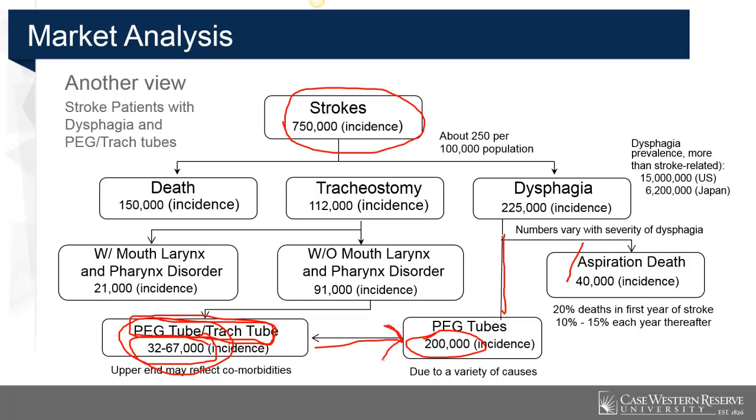We may have a situation in which the market size is limited by the PEG trach tube market, but in fact, if we don't have the issue of the trach tube and we have a clever way over time to assure the airway is clear, then the market gets bigger because we're really looking at a PEG tube market. Okay, so that's the point in this slide.